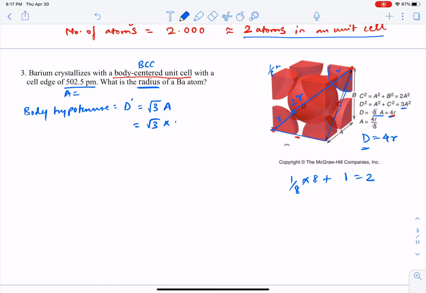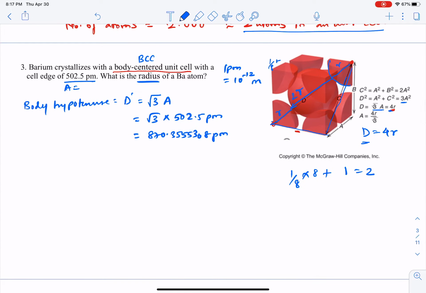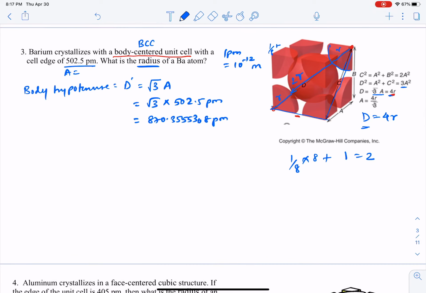Root 3 into 502.5 picometer, that is 870.3555308 picometer. So 1 picometer is equal to 10 raised to minus 12 meters. I'm not converting it because at the end our goal is to find the radius, so I can write the radius in terms of picometer.